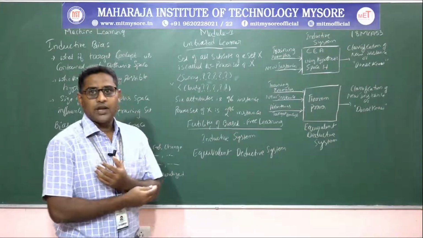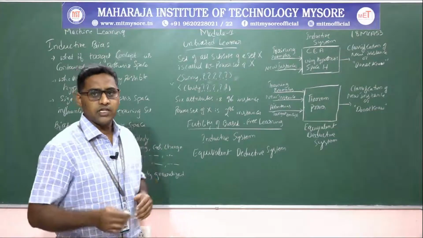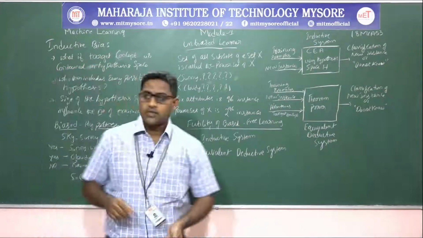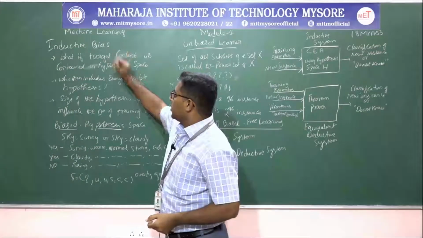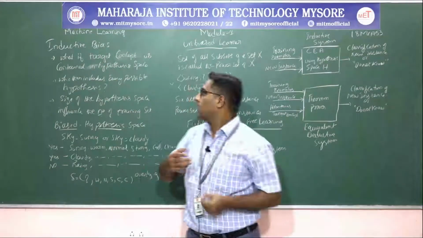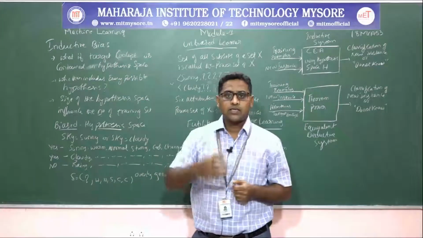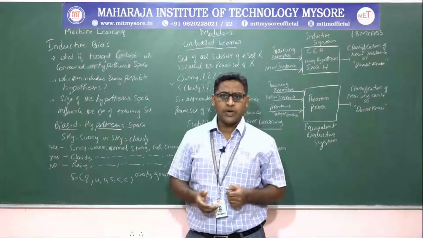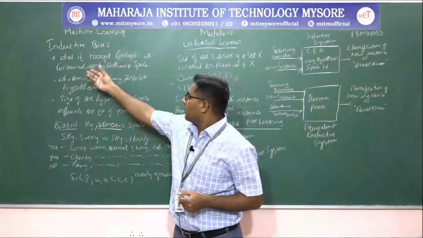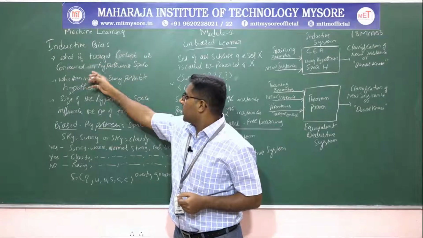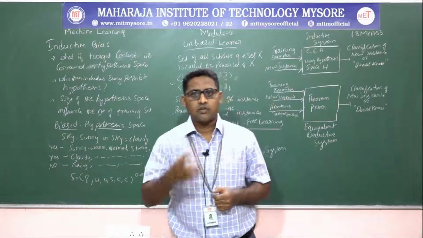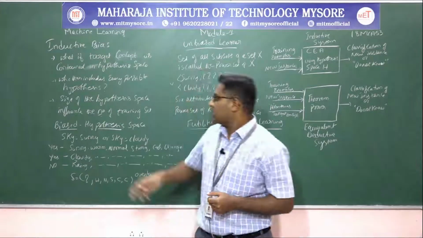Okay. After the candidate elimination algorithm, the next topic is inductive bias. So what is inductive bias? In inductive bias, what if the target concept is contained in the hypothesis space or not? What is the hypothesis space that will be contained with the target space?